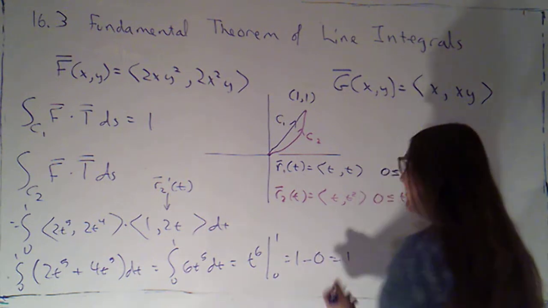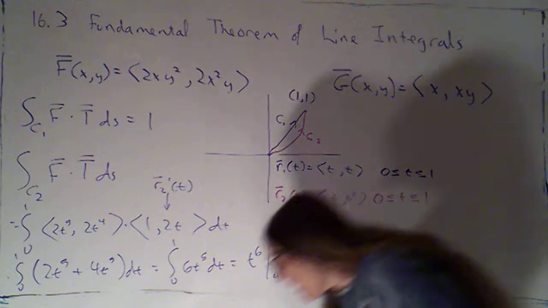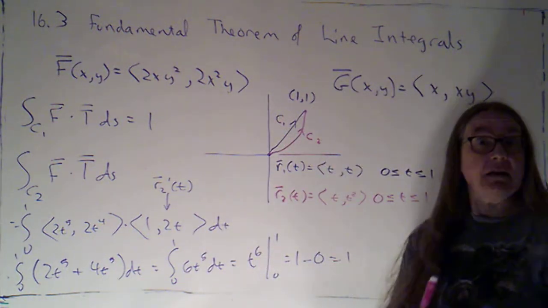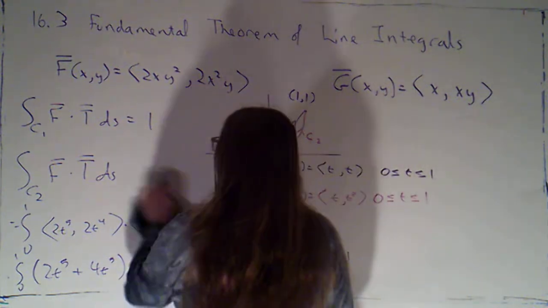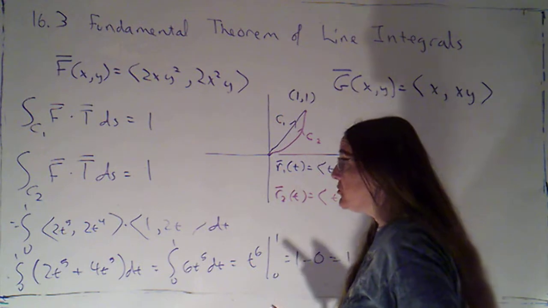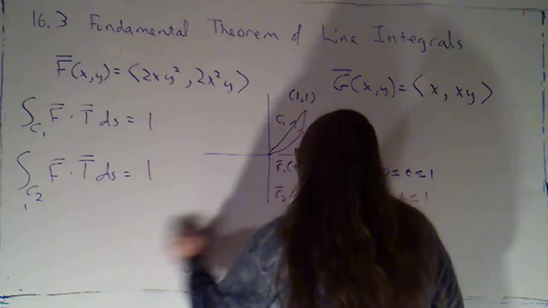That's 1 minus 0, and that's 1. Okay. So even though we took a different path, we actually got the same answer. So when we integrated along curve 2, we got the same work was done by this force field.